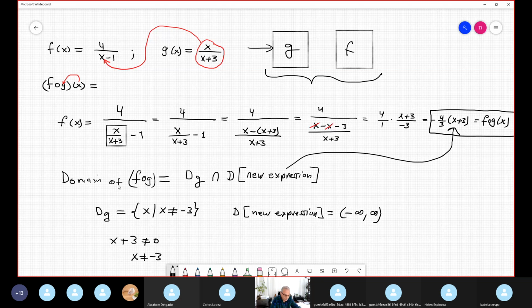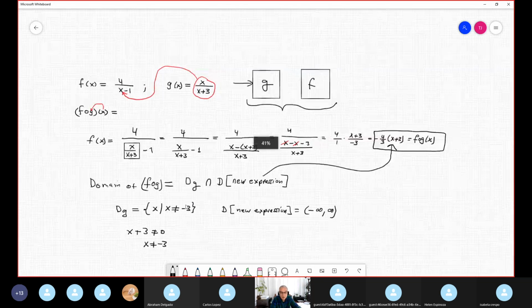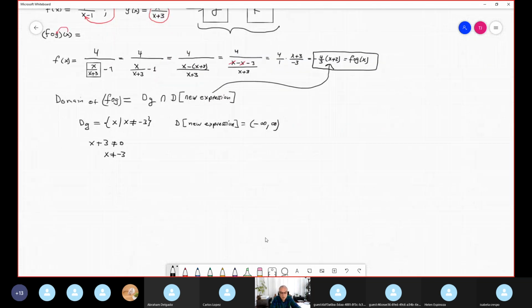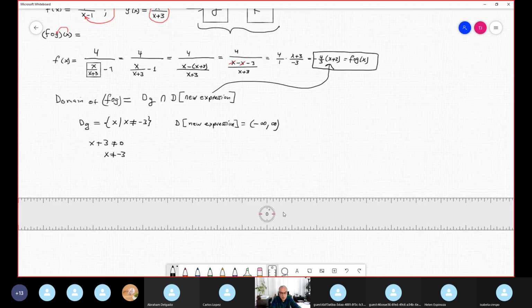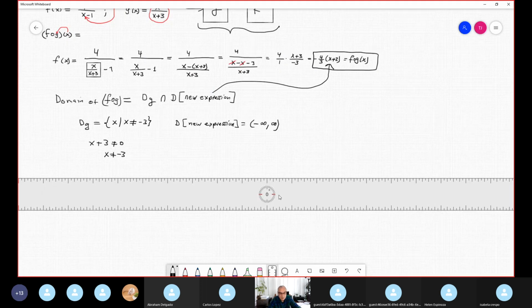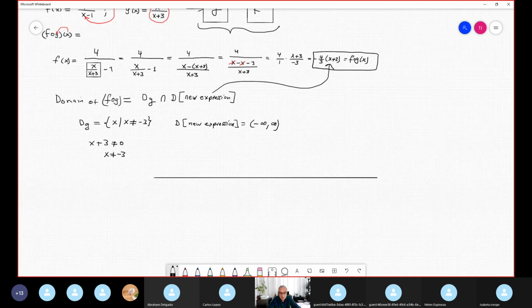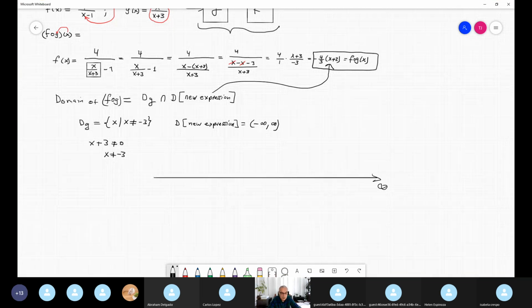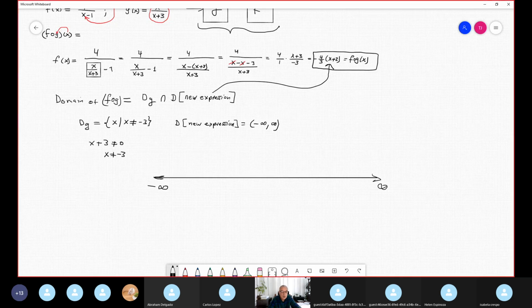To intersect both, let me show you. This is my famous all real number line. Positive infinity, negative infinity. In this case, we have one hole, which is negative 3. Negative 1, negative 2, negative 3. Here we have a hole at negative 3.